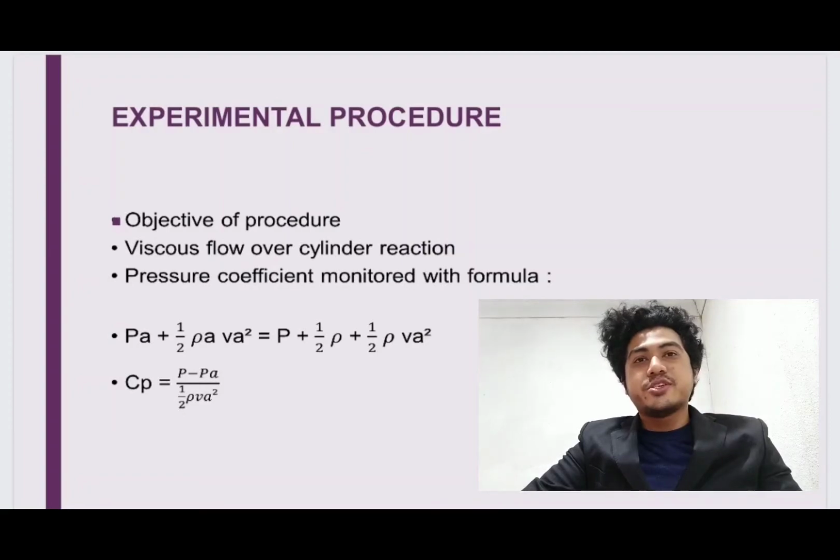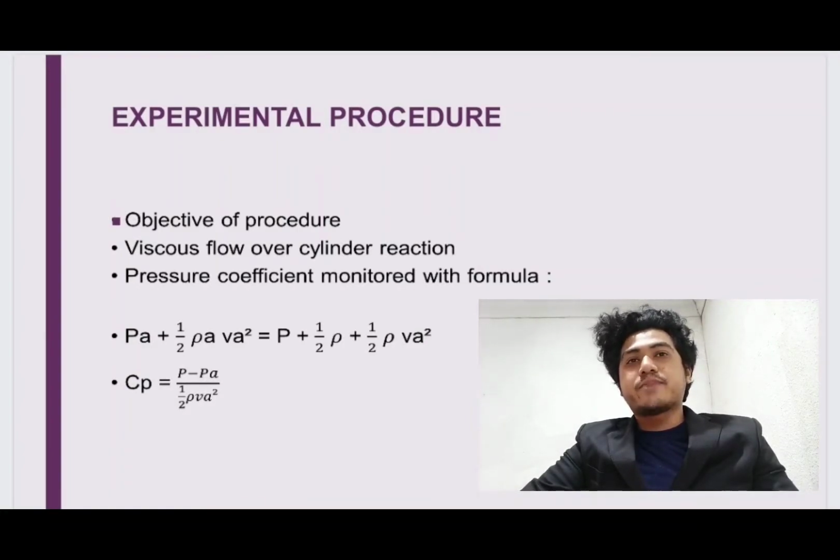The pressure coefficient is monitored as ordered pressure: PA plus half rho A times VA squared equals P plus half rho VA squared.